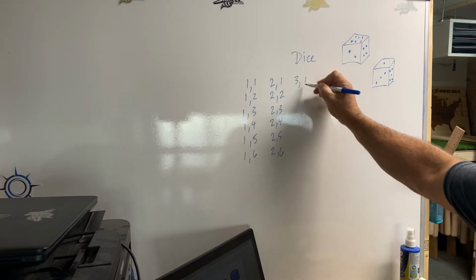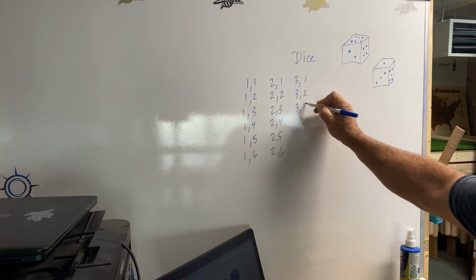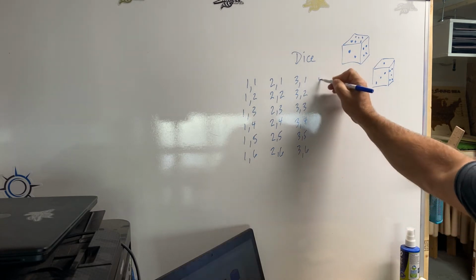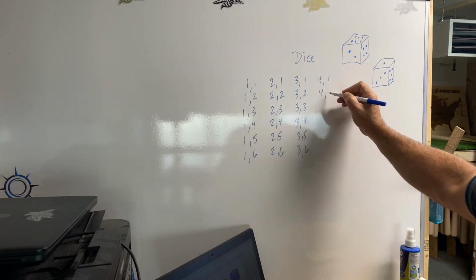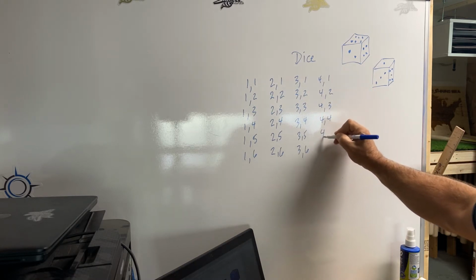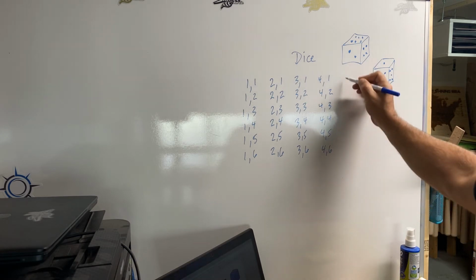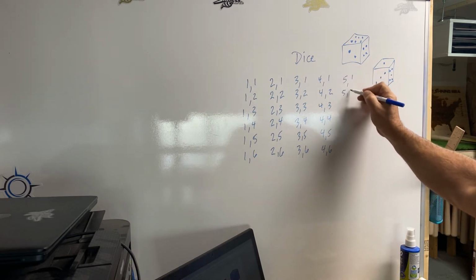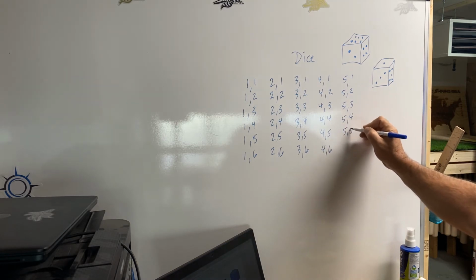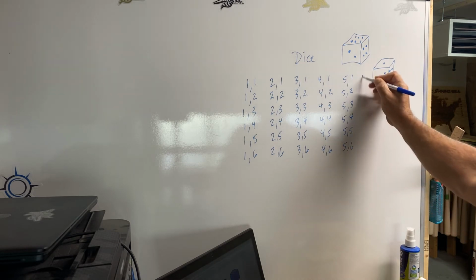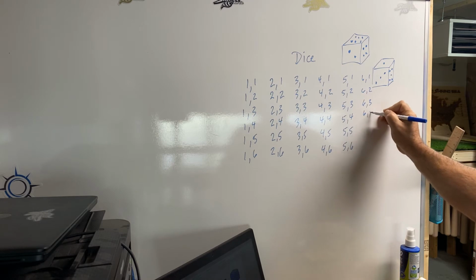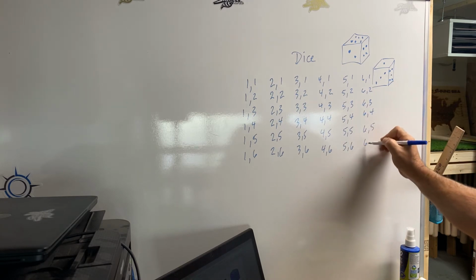I could roll a 3 and a 1, a 3 and a 2, a 3 and a 3, a 3 and a 4, a 3 and a 5, a 3 and a 6, and so on through the 4s and 5s, to a 6 and a 1, a 6 and a 2, a 6 and a 3, a 6 and a 4, a 6 and a 5, a 6 and a 6.